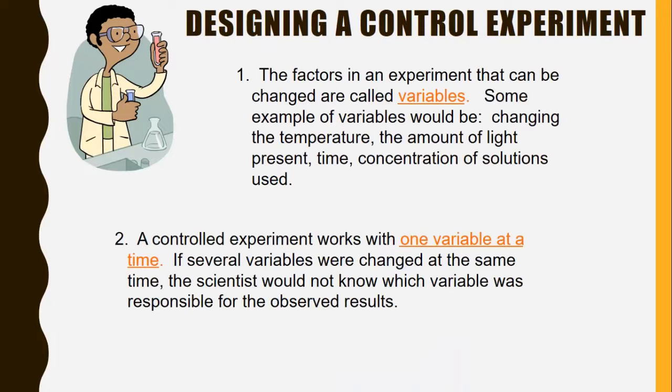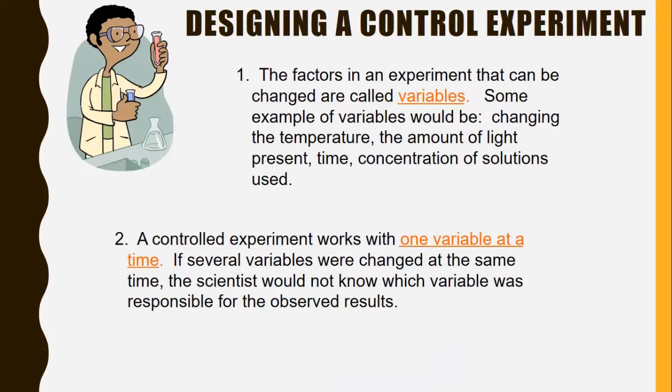So how do we design a controlled experiment? The factors in the experiment that can be changed are called variables. In lab and in life, there are a lot of things that we can change: temperature, light if you're working with a plant, the time, for the mouse the concentration of the solution used, the external environment, and not just time but the time of day, the amounts of things.